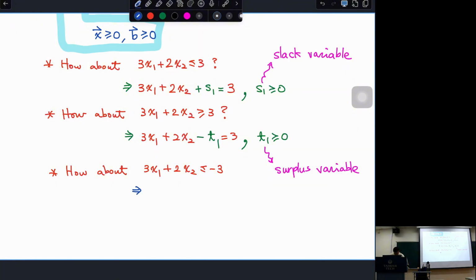So you multiply -1 to the entire equation. So the sign switches to larger than or equals to. So this one will be the second kind. So in this second kind, you will introduce surplus variable.